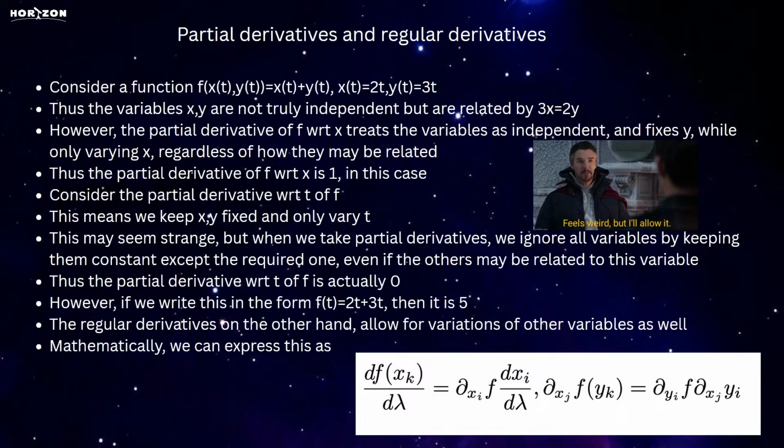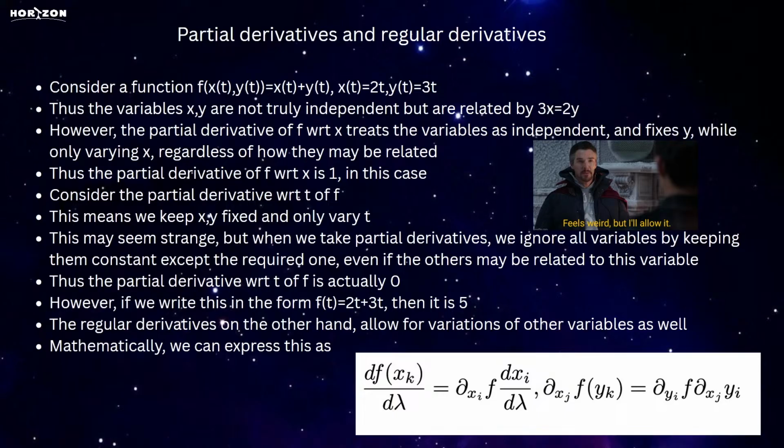In this case, the independent variables are x and y, but we can see that even x and y are not completely independent. Like x is dependent on t, y is dependent on t again, and we can relate them by using the relation 3x equals 2y. But we have to treat them independently because that's how our function is defined. That's how we state the function to be.